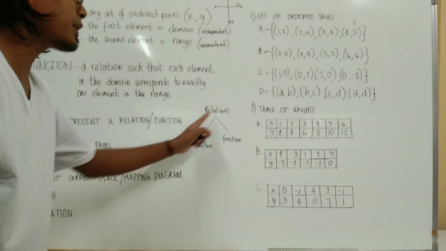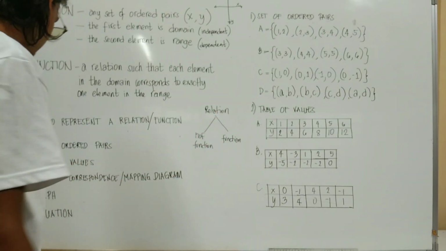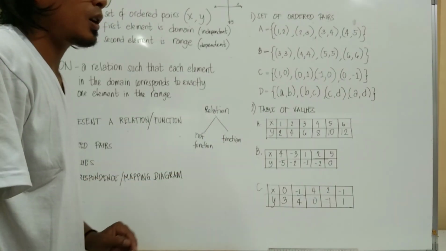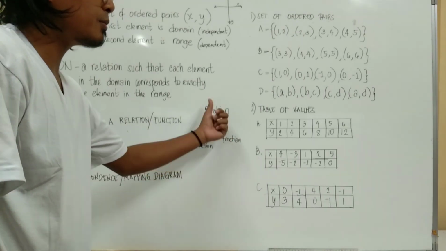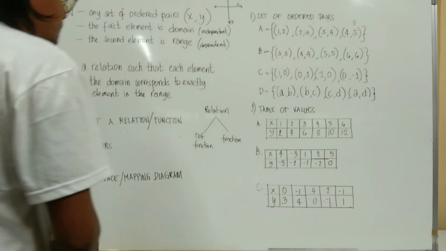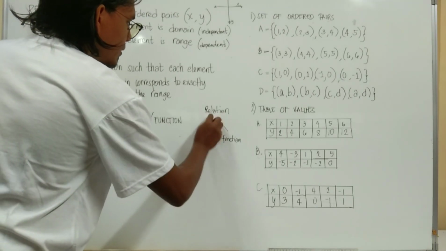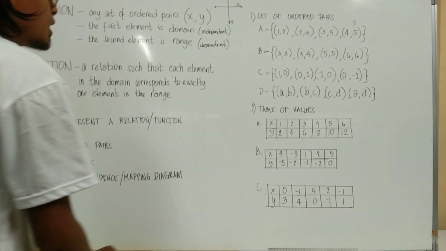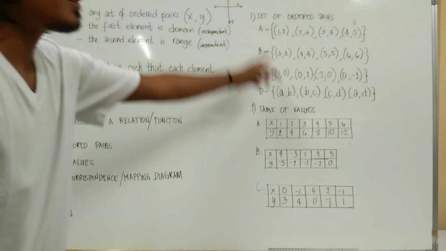Or we can say that a relation can be a function or not a function. But we will be focusing, of course, on functions. Not all relations are functions; some relations are not functions. So we will be learning ways to identify whether a relation is a function or not.